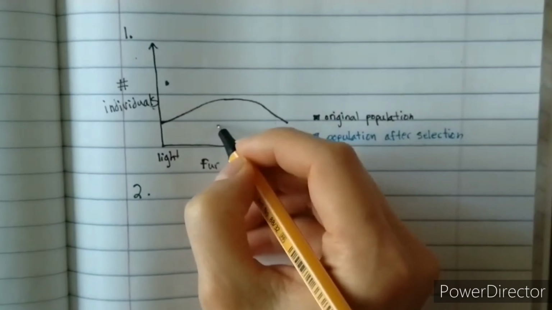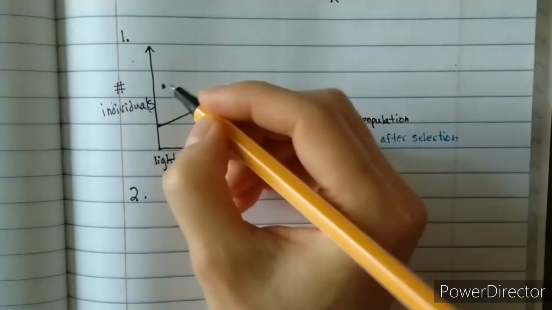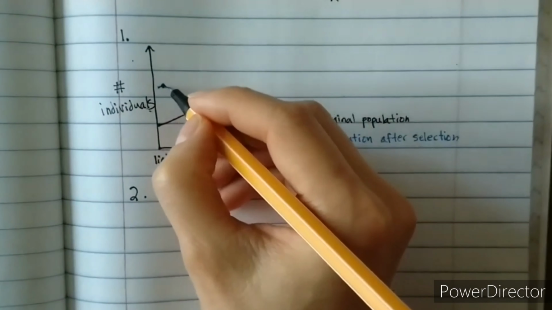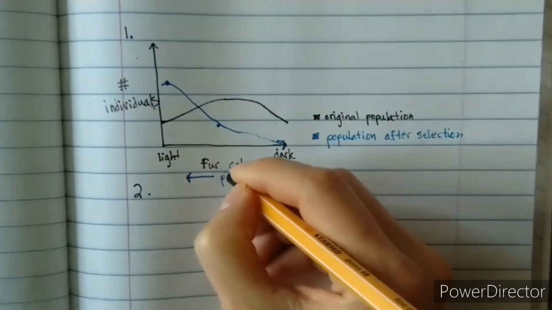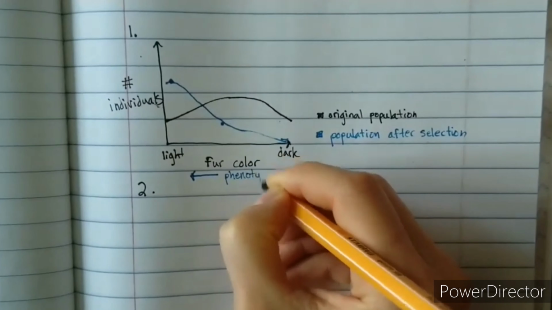Medium bunnies would probably have a fairly medium chance of survival. What we start to see is a shift in the curve, so that instead of favoring the middle slightly, I shift in one direction towards one extreme phenotype. I'm going to call it a phenotypic shift.